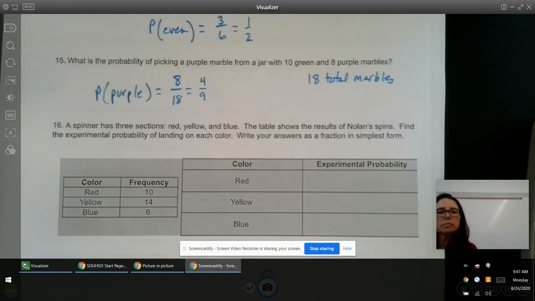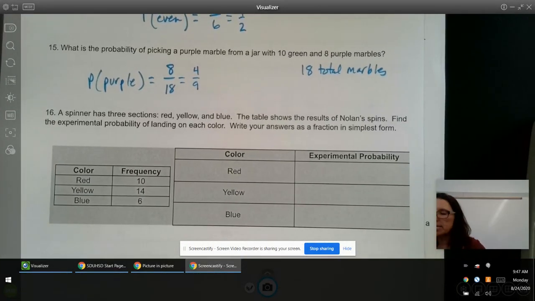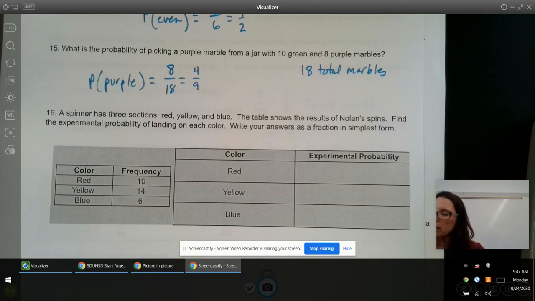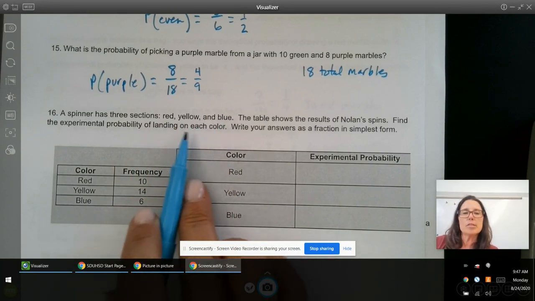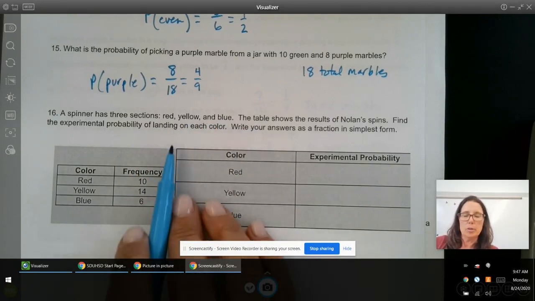A spinner has 3 sections, red, yellow, and blue. The table shows the result of Nolan's spins. Find the experimental probability of landing on each color. Write your answers as a fraction in simplest form. It's first very important to point out these sections must be the same size for this to be an accurate experiment.